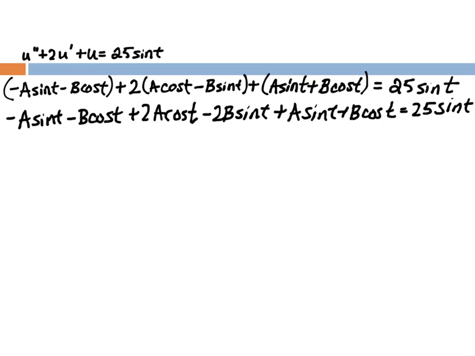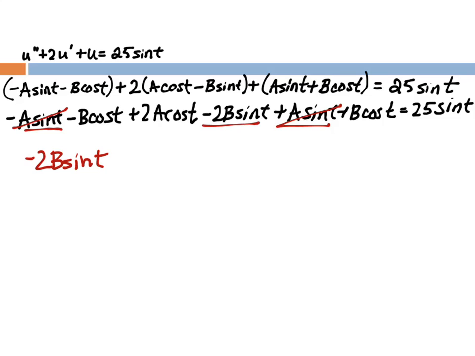All right, collect me some sines on the left. There's sine t, sine t, sine t. How much sine t do I have? Oh goodness, those canceled, didn't they? That's friendly. Good, so negative 2b sine t.